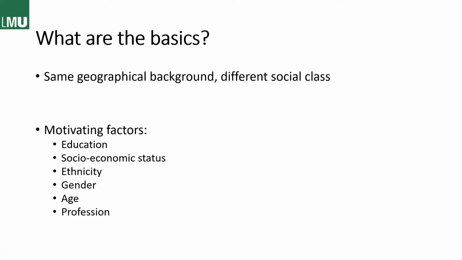Basically you have education, the socioeconomic status of a person, a person's ethnicity, their gender, their age, and of course also their profession, because certain businesses or professions have their own lingo with their own words and their own ways of expressing certain things. So it also matters in sociolects.